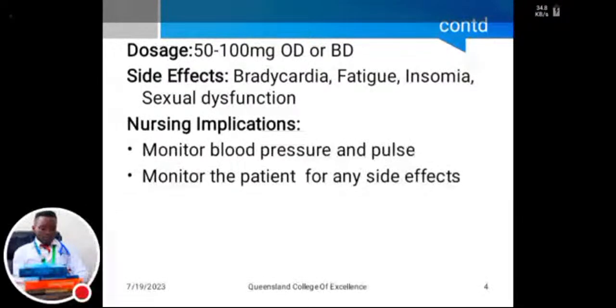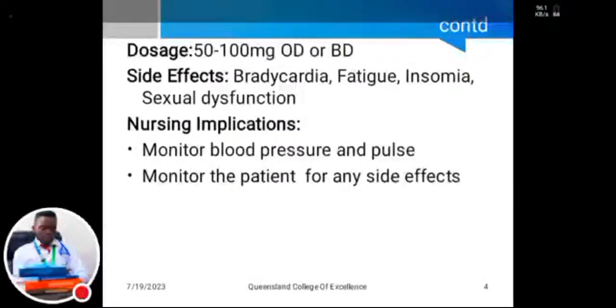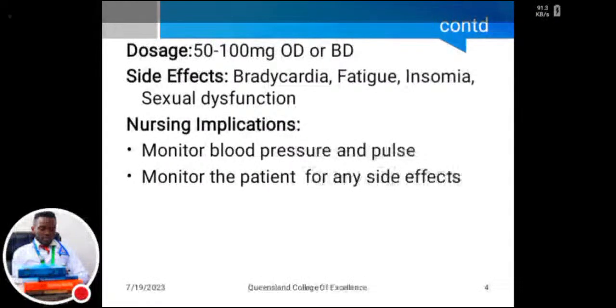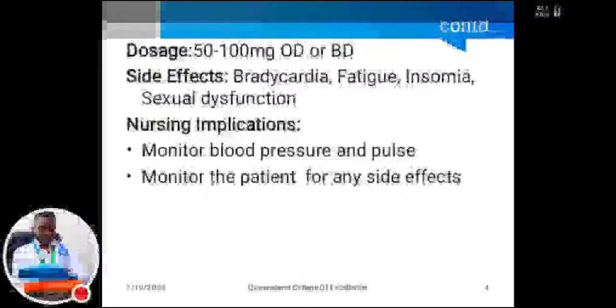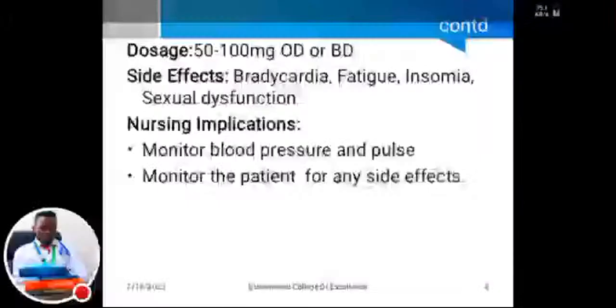It is also one of the drugs that can make someone become impotent. So it is not really advisable to give it at a high dosage. What are some of the implications? You need to monitor the blood pressure and also the pulse, and monitor the patient for any side effect so that you give other medication.